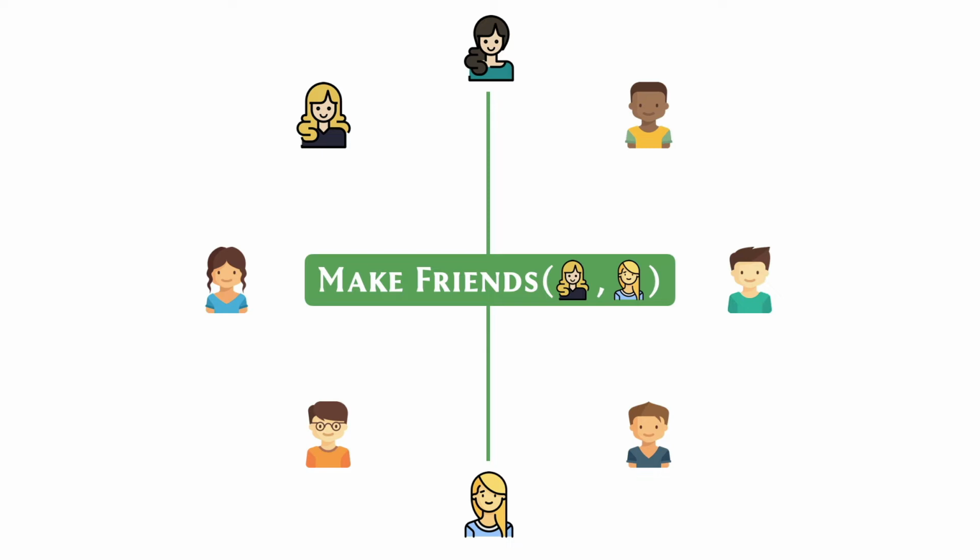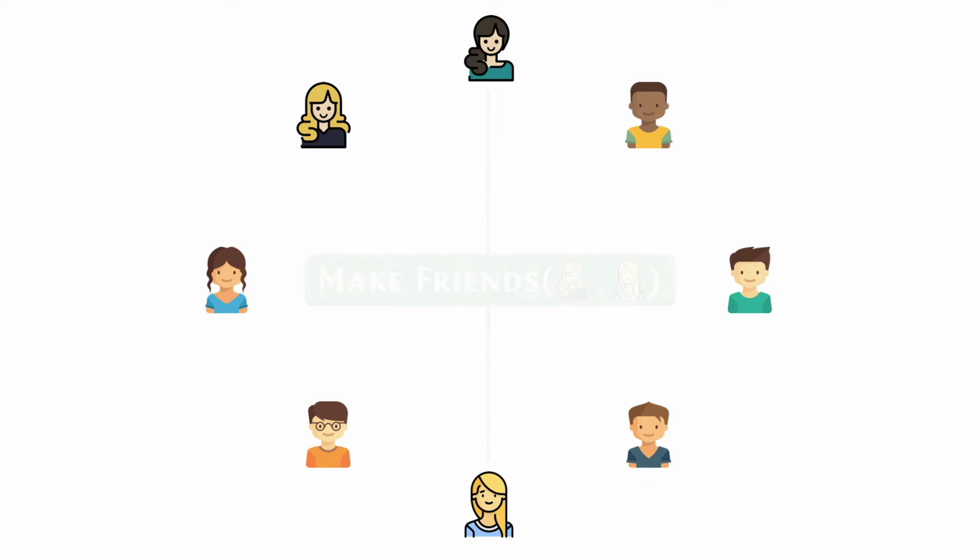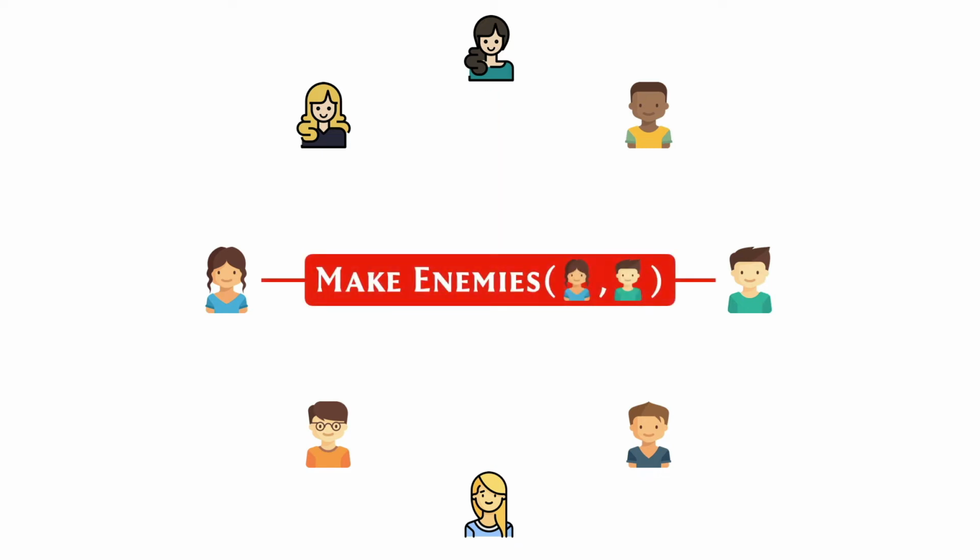This is something that will actually come through in your input. Your input is going to be a sequence, a mix of these commands and queries. We'll come back to the queries a bit later, but the operations are essentially going to be either make friends or make enemies, which is the operation that comes in when you observe that there are 2 people who are very likely to be enemies.